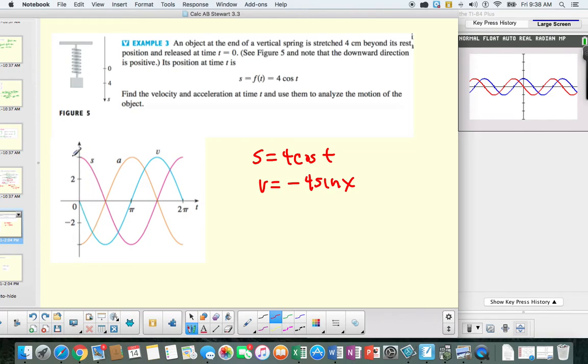So right here, the slope of the tangent line is 0. You can see these are negative values right here until we get here, which is 0. So it's following just what we suspected it would do. An acceleration, derivative of sine is cosine, so this is negative 4 cosine t. And so this represents the slope of the tangent lines for the velocity curve right here.